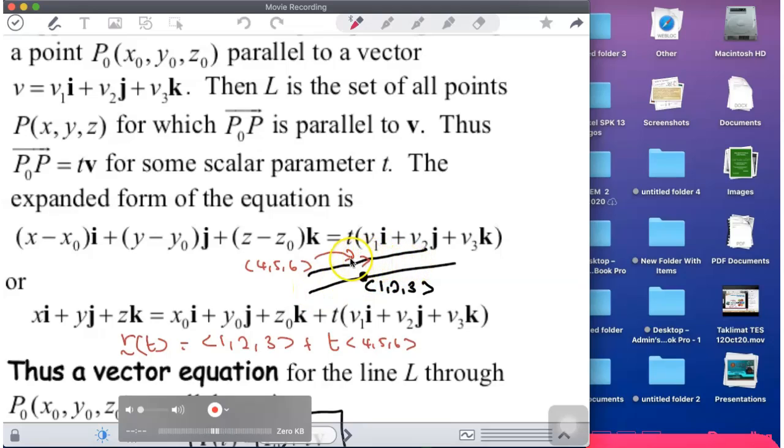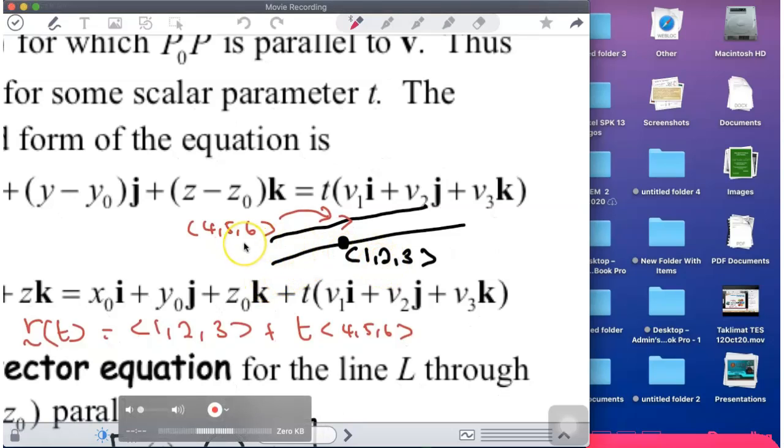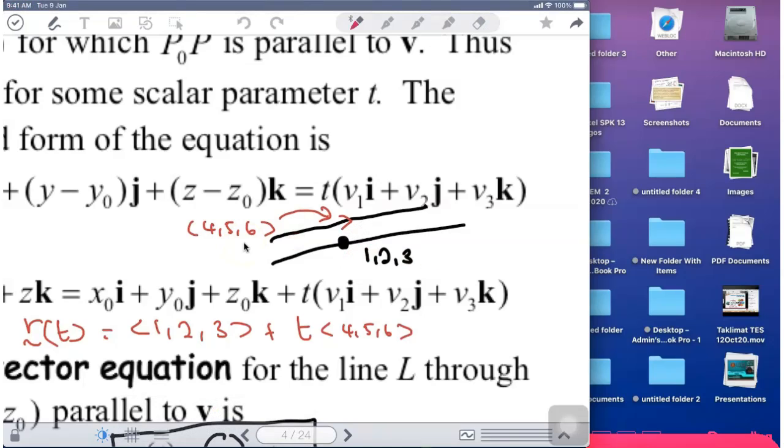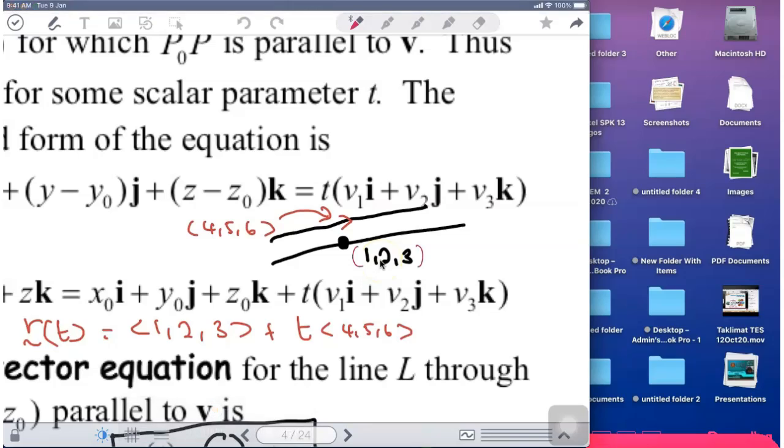So in this case, let's say the parallel vector to this line is given in vector form, and it is <4, 5, 6>. Be careful to make a difference between a point and a vector, so be careful with the bracket that you are using. Because this one is a point, the point (1, 2, 3), you use the round bracket like this.